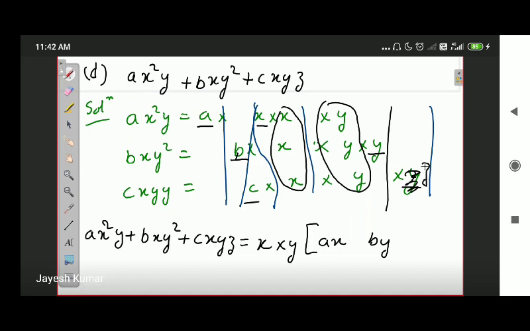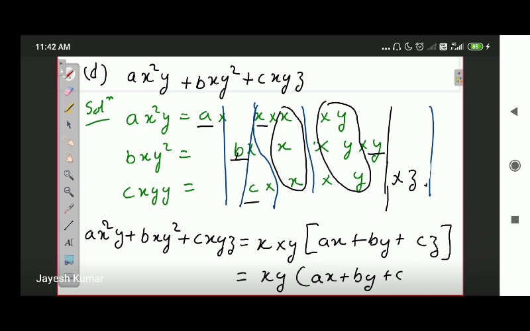Okay, this term is z. So for the last term it is c z. And then we will see the signs, all the signs are positive, so plus and plus. So this will be xy times ax plus by plus cz. This will be its factorization.